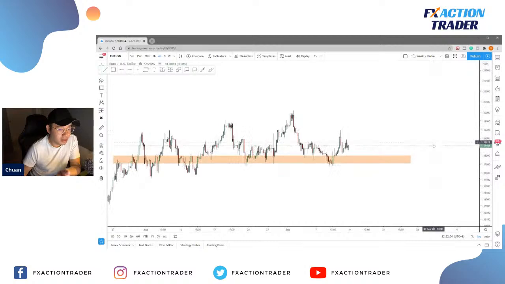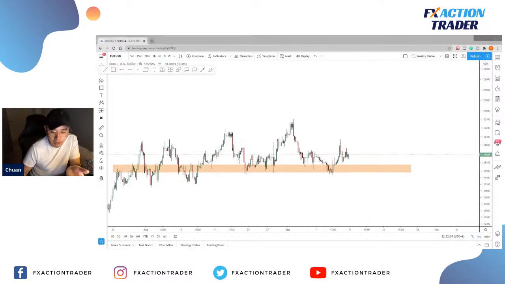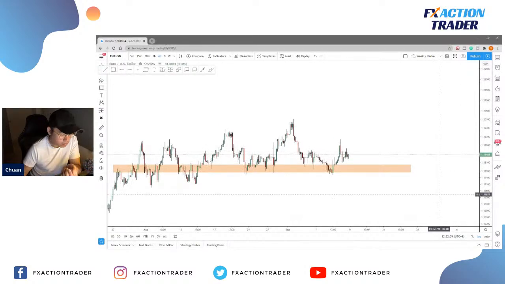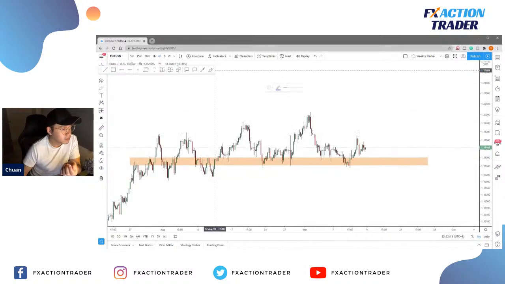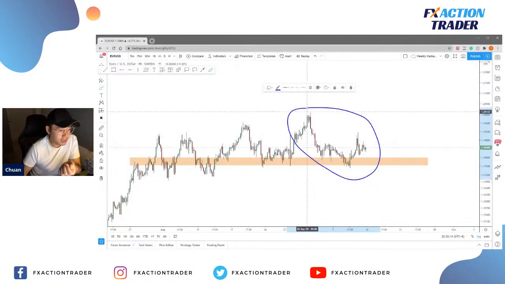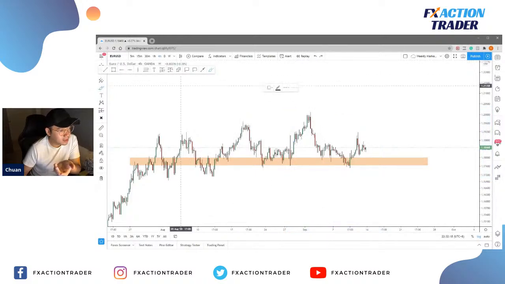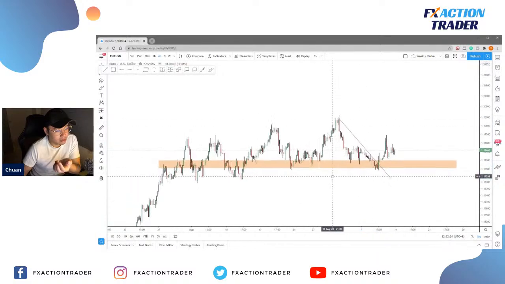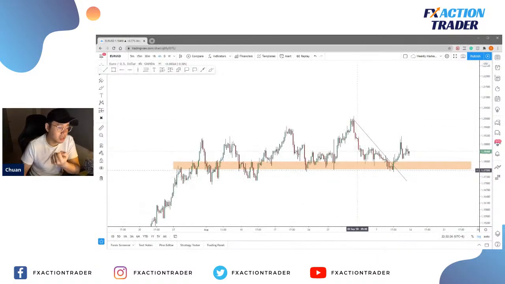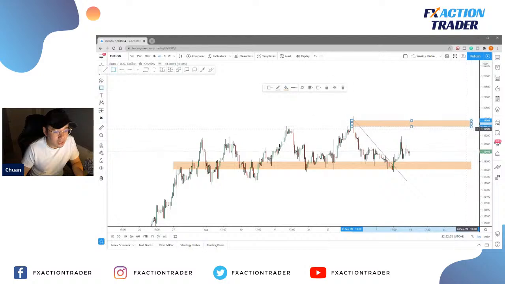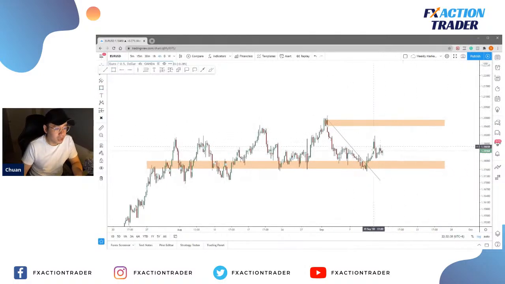If we only focus on this part here, what I can see is that the market has broken the trend line of this downtrend, reaching this support level, meaning that this support is still a valid support level. And if we mark the high level here, we can see that there is room to travel to the upside.